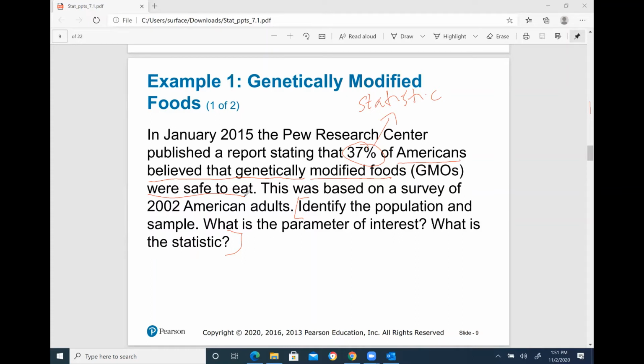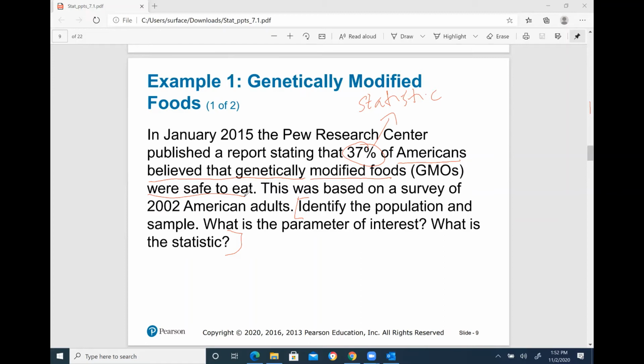In all of the Americans, we know that 37% believe that GMO is safe to eat. So the Americans surveyed who believe GMO is safe to eat, you might call this a sample, and all Americans will be the population. And the parameter in this case would be the percent of Americans who believe that GMO is safe to eat.